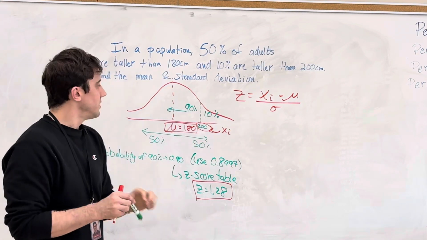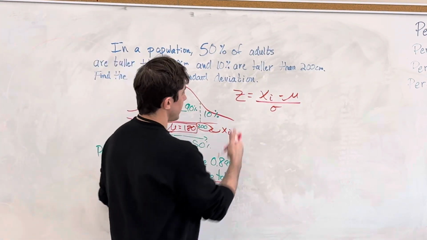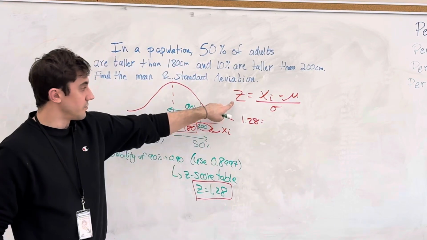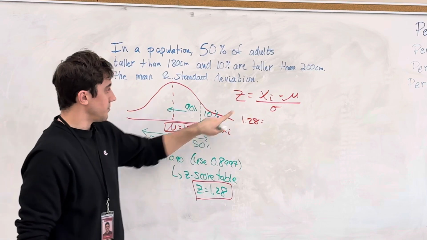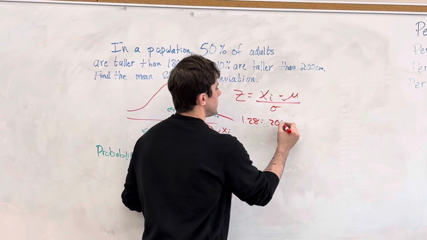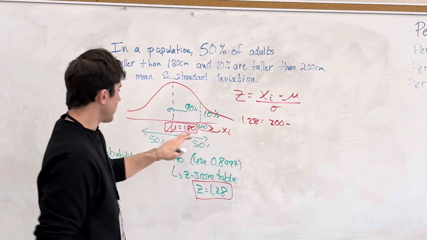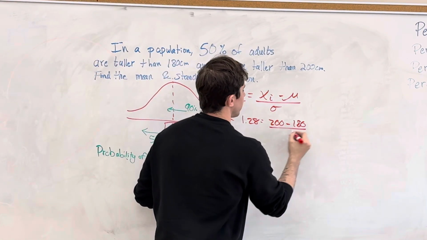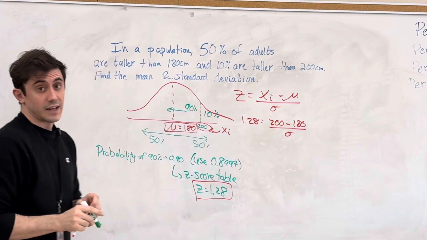Z is going to be 1.28. Xi is going to be 200, minus mu, which is 180, divided by our standard deviation, which is what we're going to solve for.